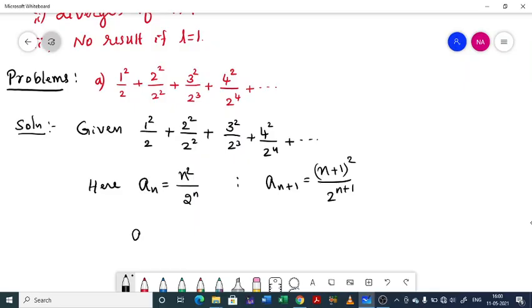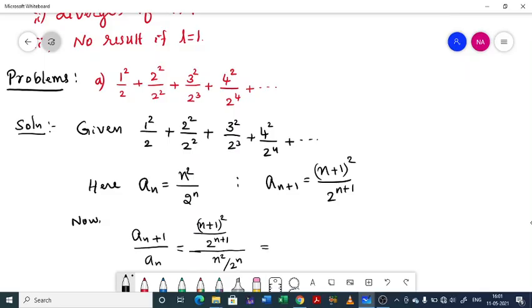Now a_{n+1} divided by a_n is equal to (n+1)^2 divided by 2^(n+1), divided by n^2 divided by 2^n.